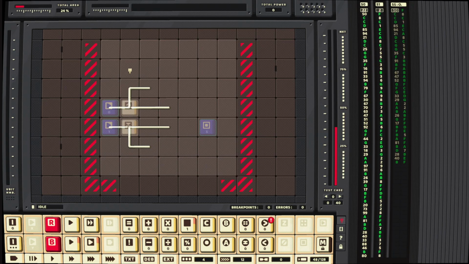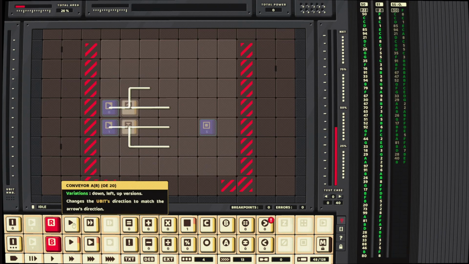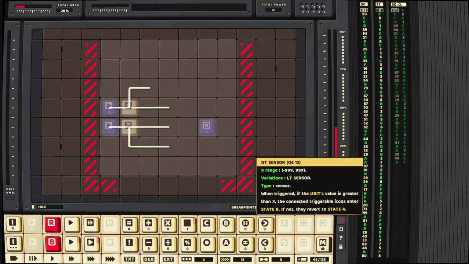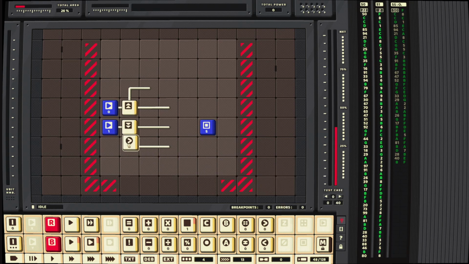Imagine something like this. This? Not sure. Where you put a greater sensor like here.